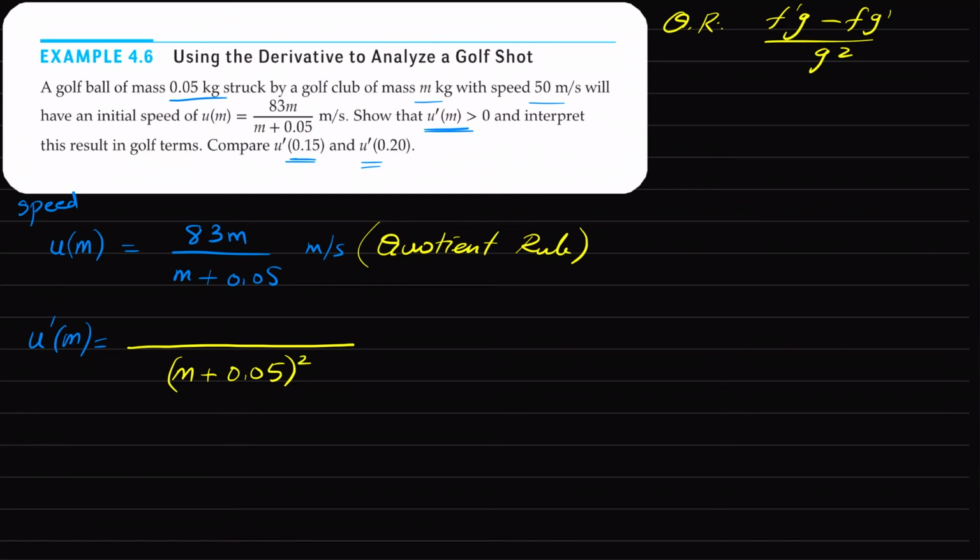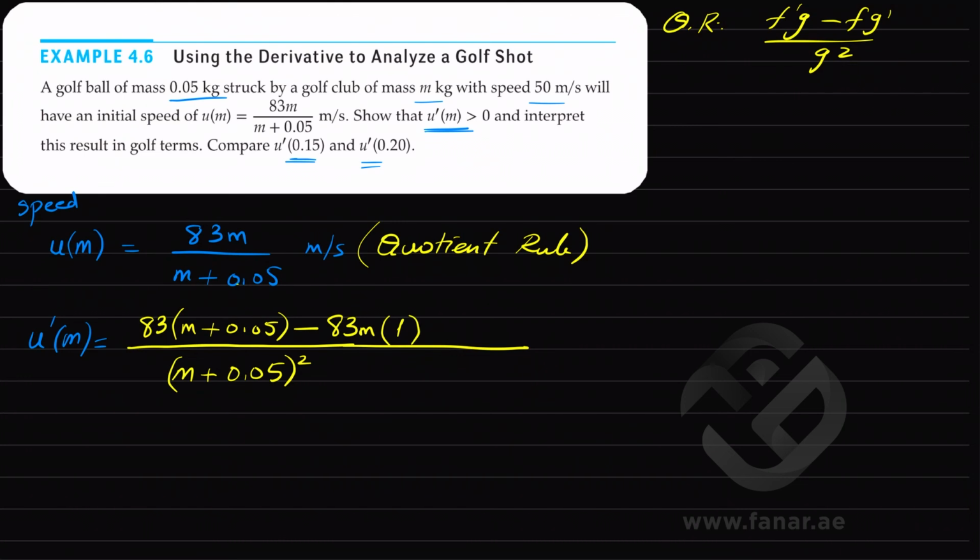Now we will do the derivative of the upper function 83m. It is 83 multiplied by m plus 0.05 minus the first function as it is, 83m, times the derivative of the denominator: the derivative of 0.05 is 0, the derivative of m is 1.